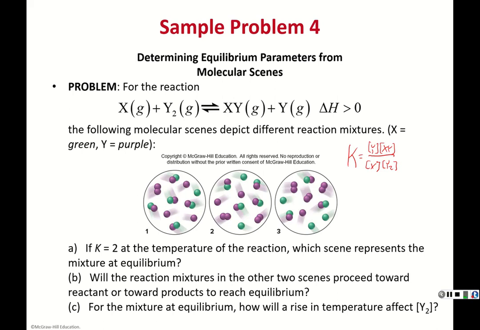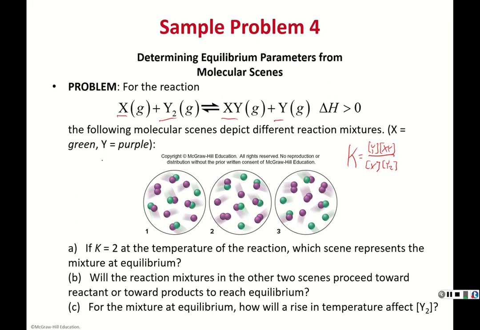If you go through and you look at, let's see, X would just be a single green atom by itself. Y2 is going to be two purples connected. XY is a purple and a green, and then Y is just a single purple. So if you go through all of these pictures and count those up, you could write down the equilibrium expression for these.